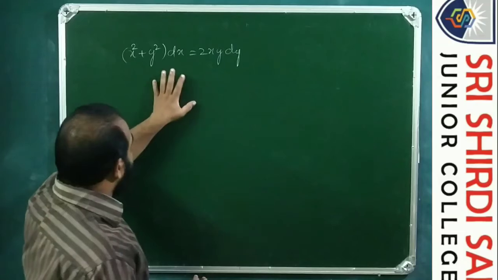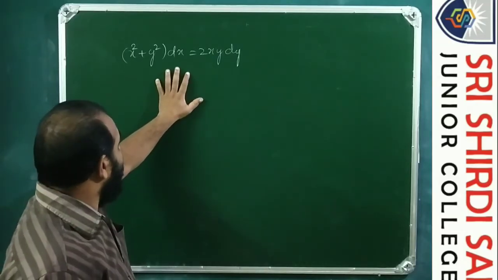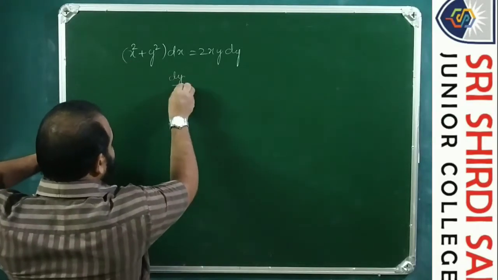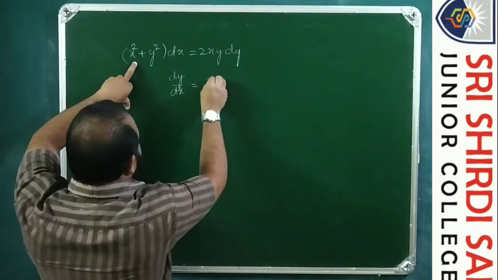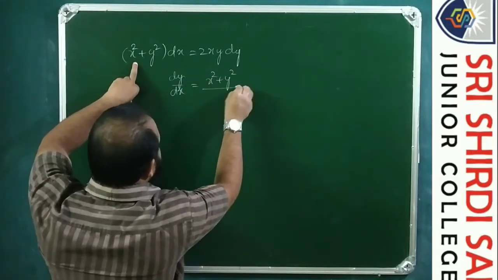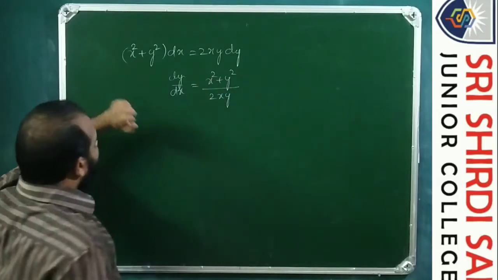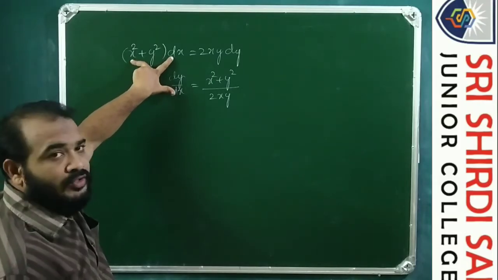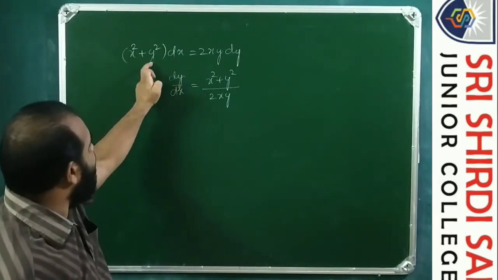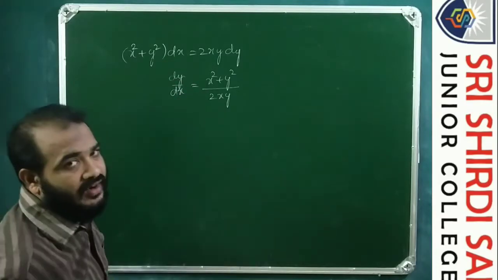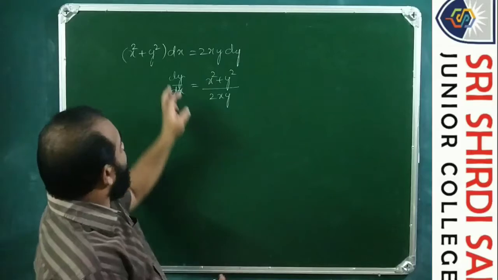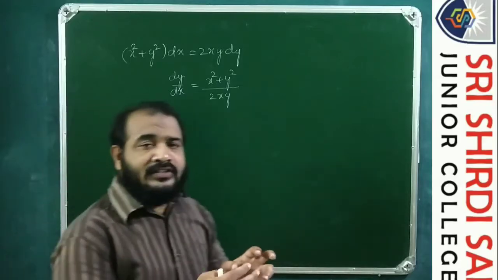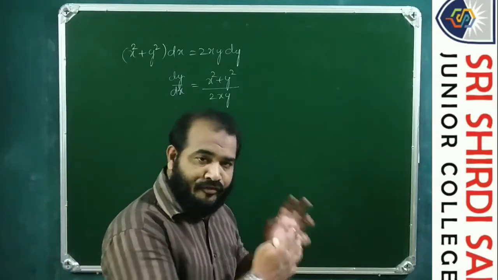Taking this as an example, dy/dx = (x² + y²)/(2xy). Here x² dx are the x variables, but y² dx, here y and dx are mixed with each other. So we cannot separate these variables. Therefore the variable separable method fails here.